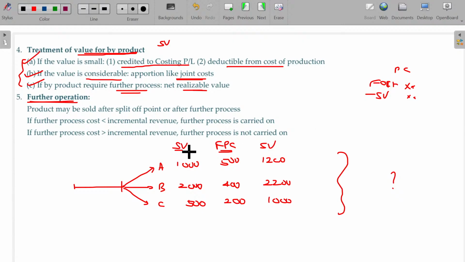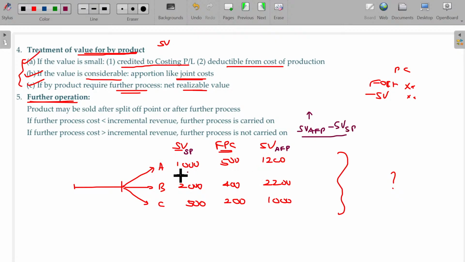This is sales value at split off point, after split off point, after further process. Okay, now what is the incremental revenue, sir? Incremental revenue: sales value after split off point, after further process, minus sale value after split off point.